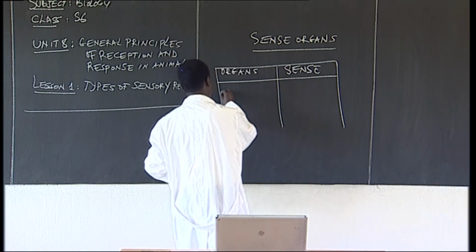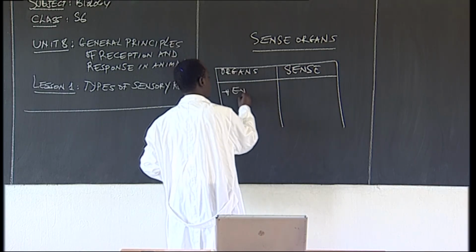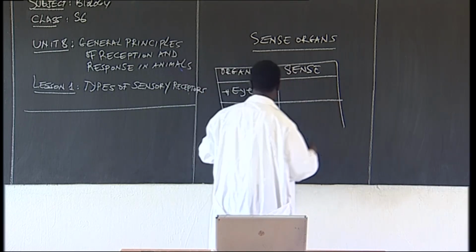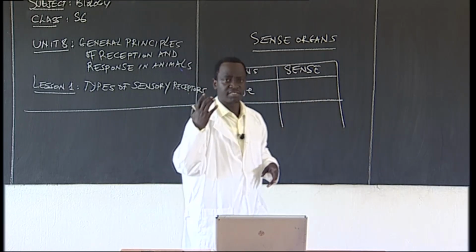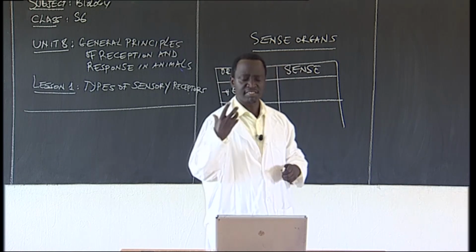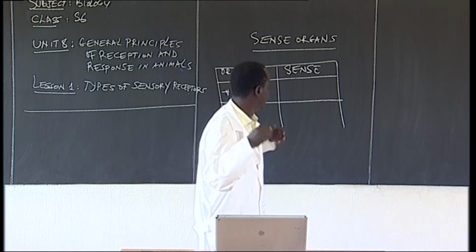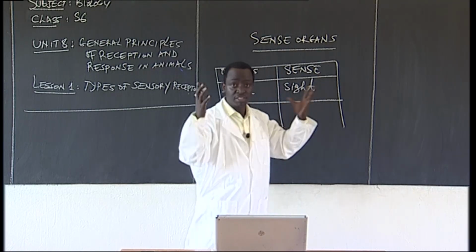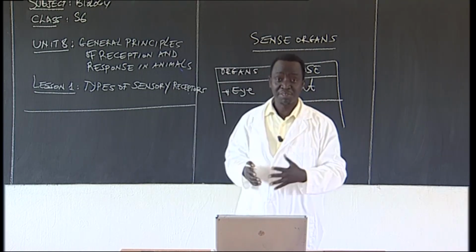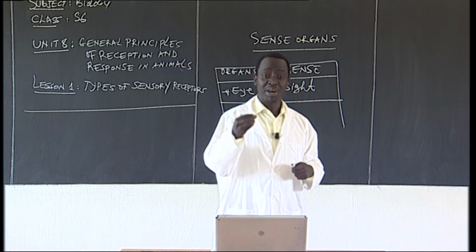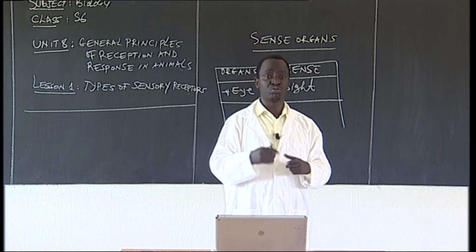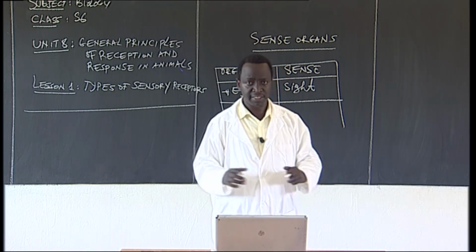We have the eye, or eyes. What do eyes sense? It is for sight, seeing. You are able to see different colors because you have this sense organ called the eye. The eye helps us to see different things.